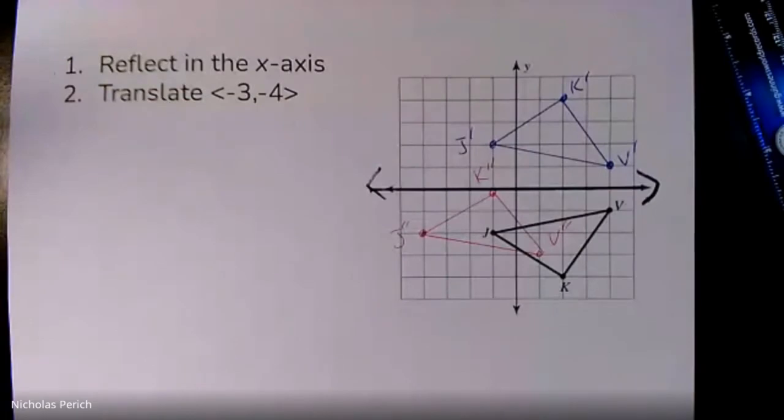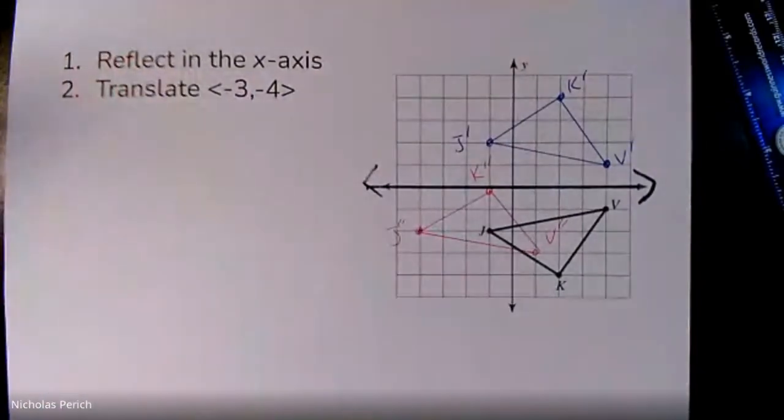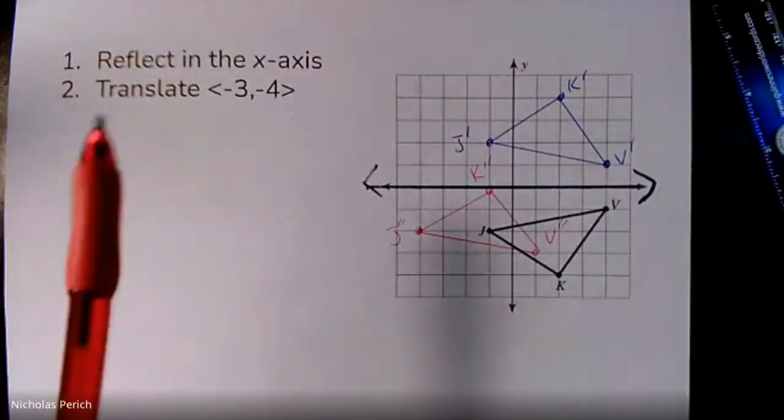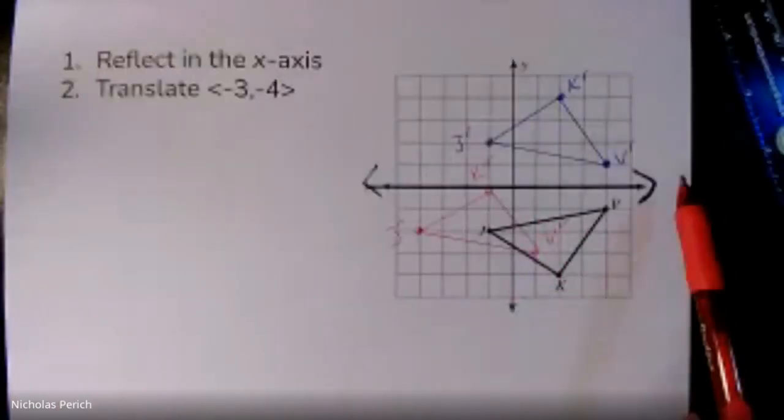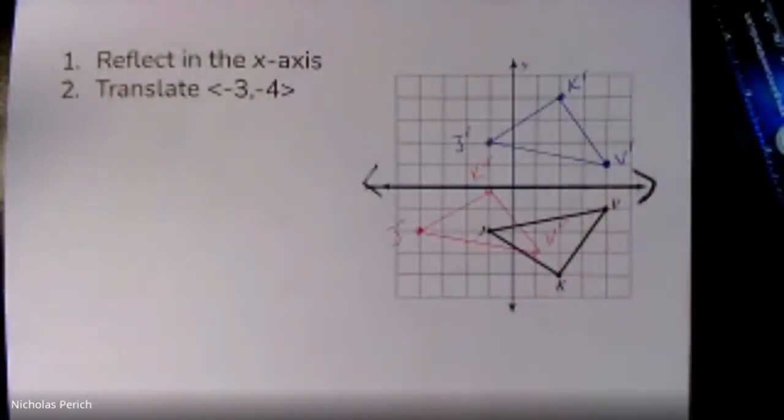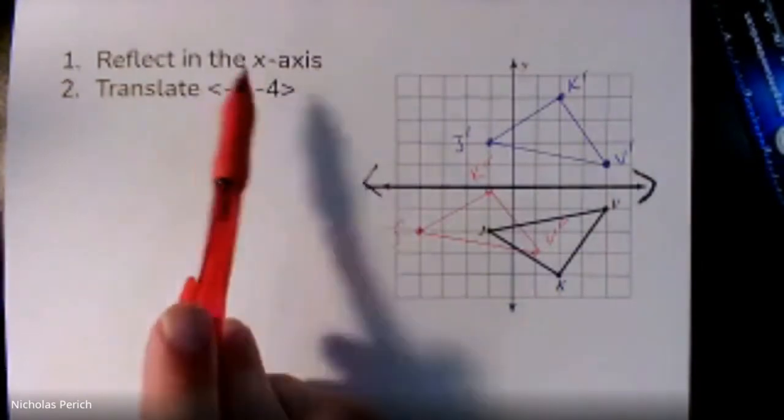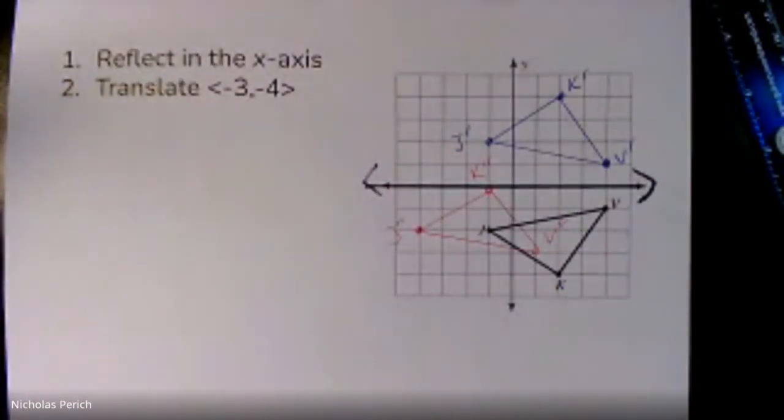When I do the double, I probably should have said reflect JKV in the x-axis, then translate its image according to that vector. And that's what I did. I will make sure that if I put it on a test, my directions will be a little bit more specific. Good question.